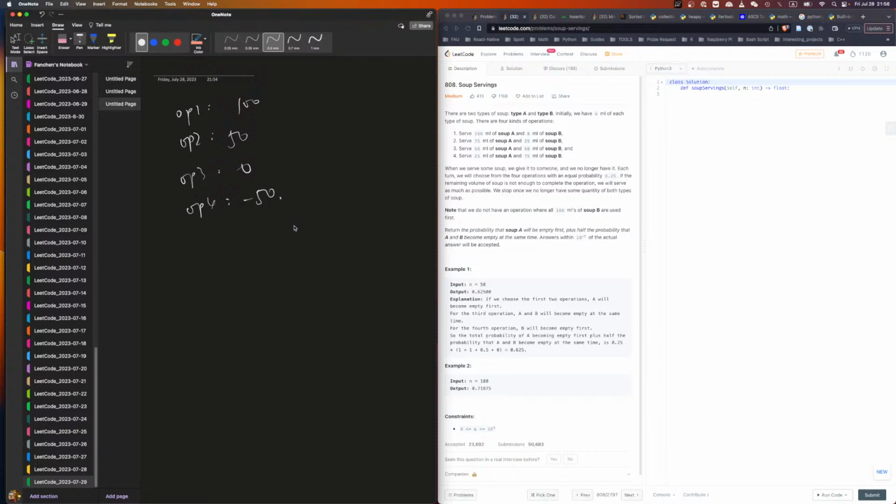Maybe we can think about when they reach at the same time, right? If you think about all the possibilities, they can reach at the same time. And that seems to be an easier problem to solve.